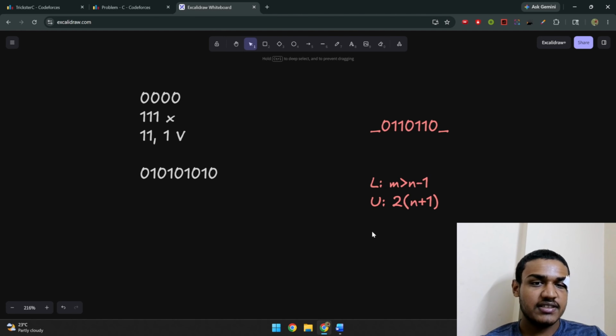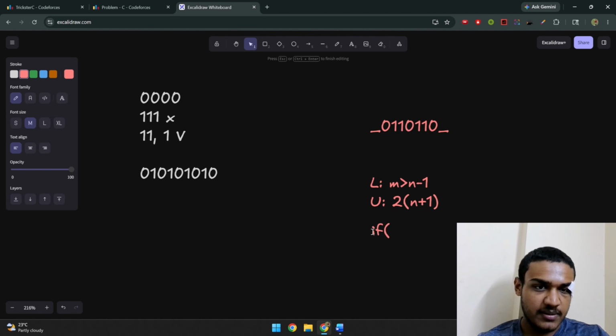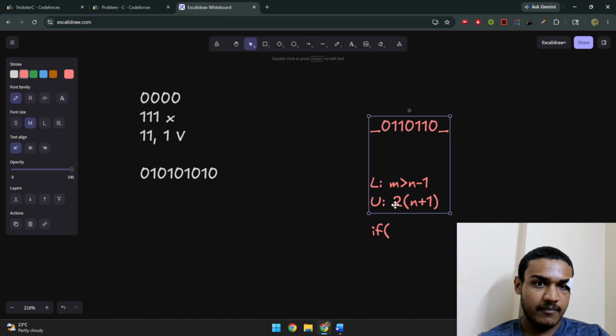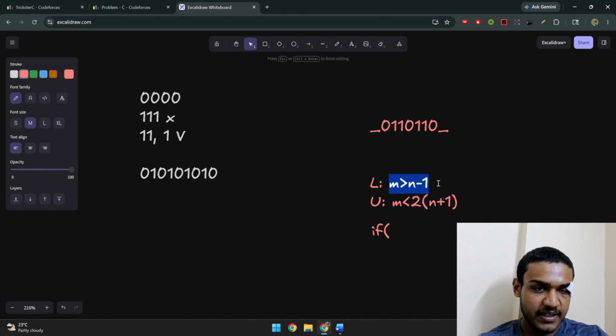So how do I do that? Since this is like a complex statement, I would say for a simple if condition, also since we're checking for the inverse of these statements, as in we're checking if M violates this. M should be greater than n minus 1 and M should be less than 2(n plus 1) is the condition we need.